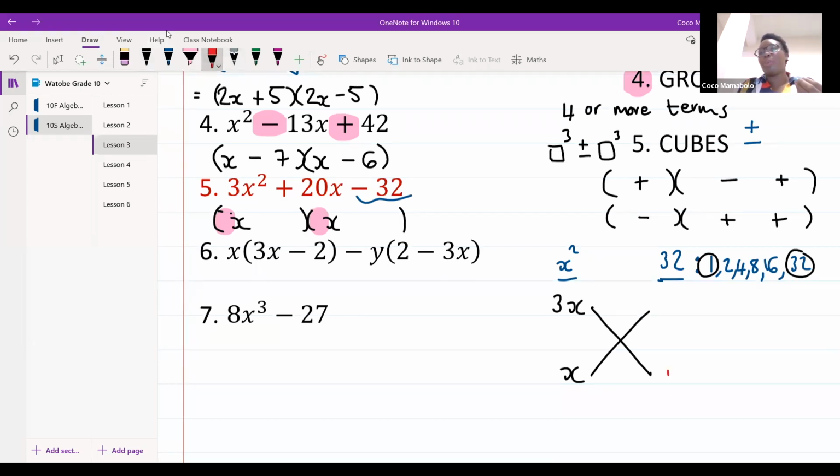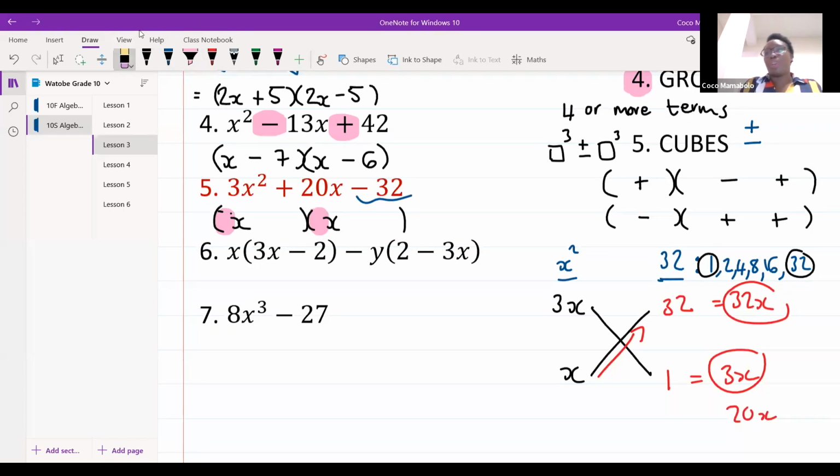If I put 1 here and I put 32 there, if I multiply this way, x times 32 is going to give me 32x. 3x times 1 is going to give me 3x. 32x minus 3x is not going to give me 20x. So that doesn't work.